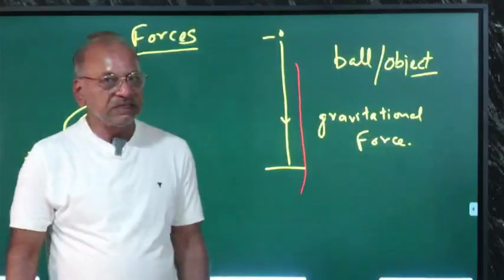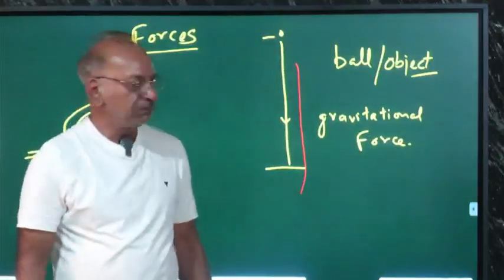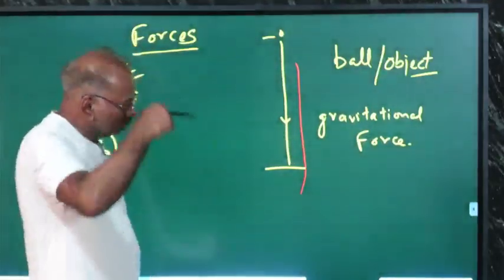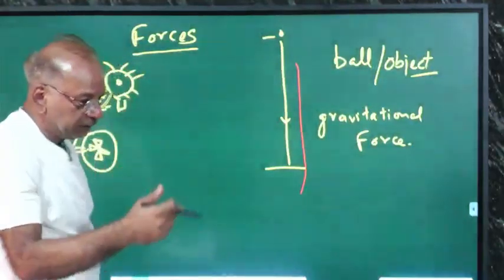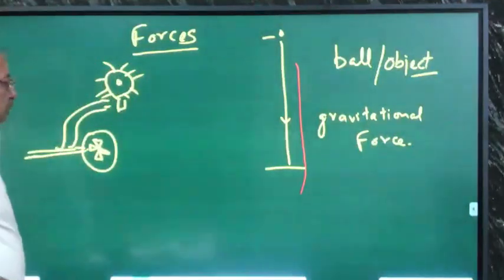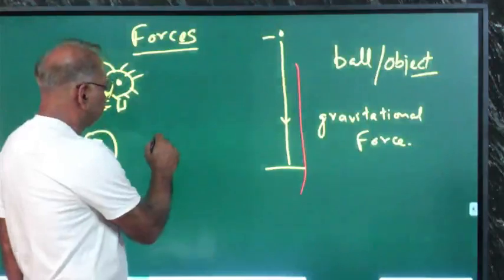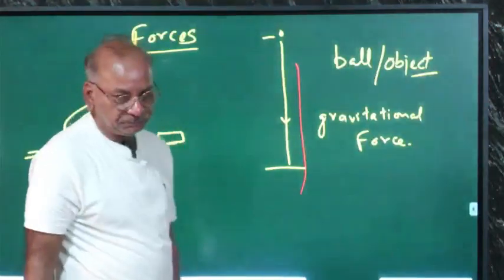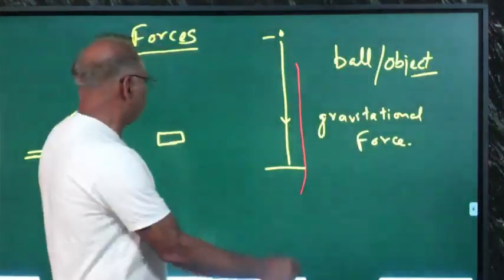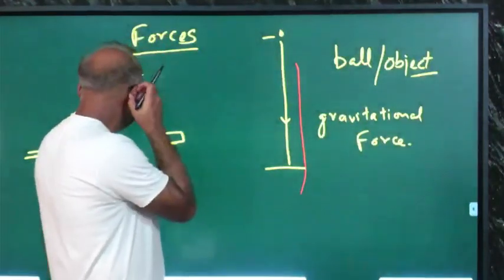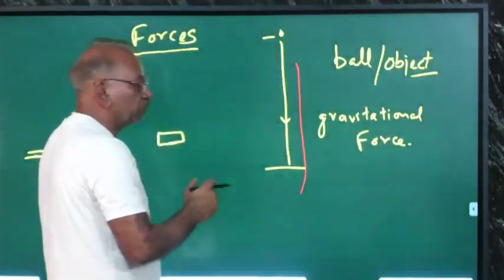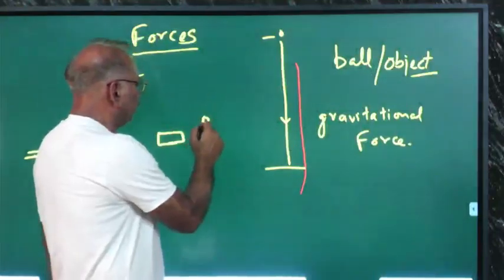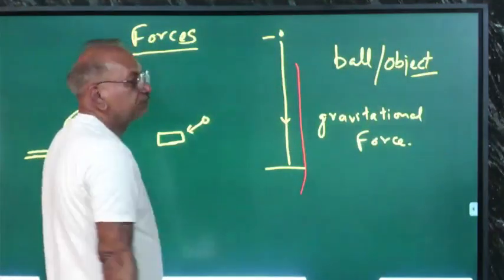So these are all forces. Sometimes while you play with so many toys, you may find a magnet. It may be of any shape, and with the help of a magnet, you must have played in your childhood. You can pull any metallic object towards it.